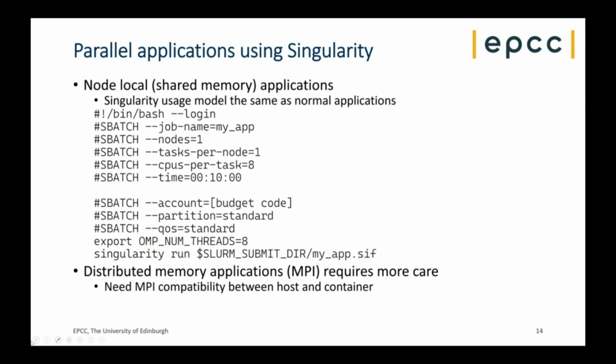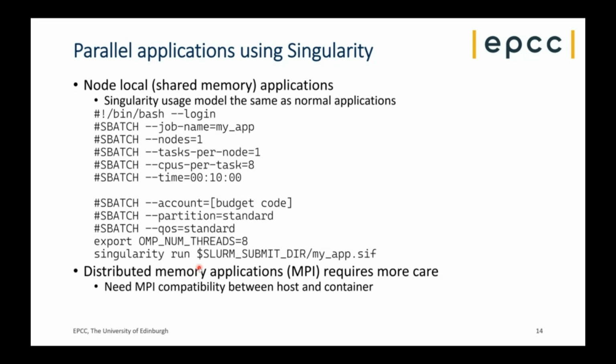If I want to get a bit more complicated and run MPI applications inside your Singularity, which you may not want to do as a data scientist, it depends exactly what software you're running, then you need a little more care, and you need a particular container image which contains an MPI library which is compatible with the one we're running on ARCHER.